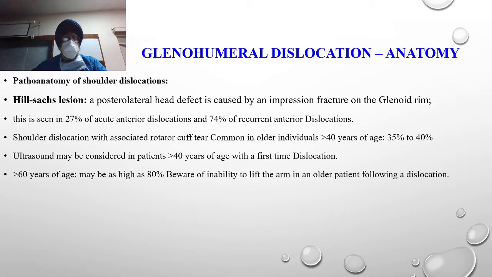Ultrasound may be considered in patients more than 40 years of age with a first time dislocation. More than 60 years of age, it may be as high as 80%. Beware of inability to lift the arm in an older patient following the dislocation.